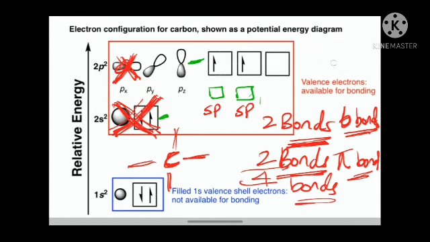When you see a triple bond in a compound or in a molecule, one of the bonds is a sigma bond and the other two are pi bonds. So you have two pi bonds and one sigma bond in a triple bond, and one sigma bond and one pi bond in a double bond.